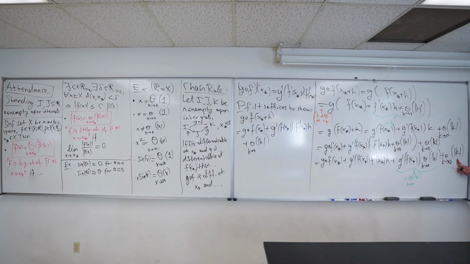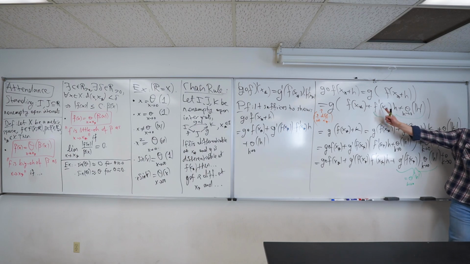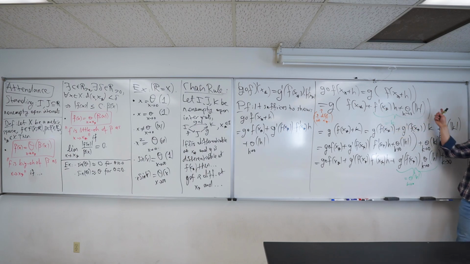How about this? I'm saying to myself, this is some function that decays faster than k does as k goes to 0. But any function that decays faster than this as k goes to 0 also has to decay faster than h does, which means this is also little o of h as h goes to 0.